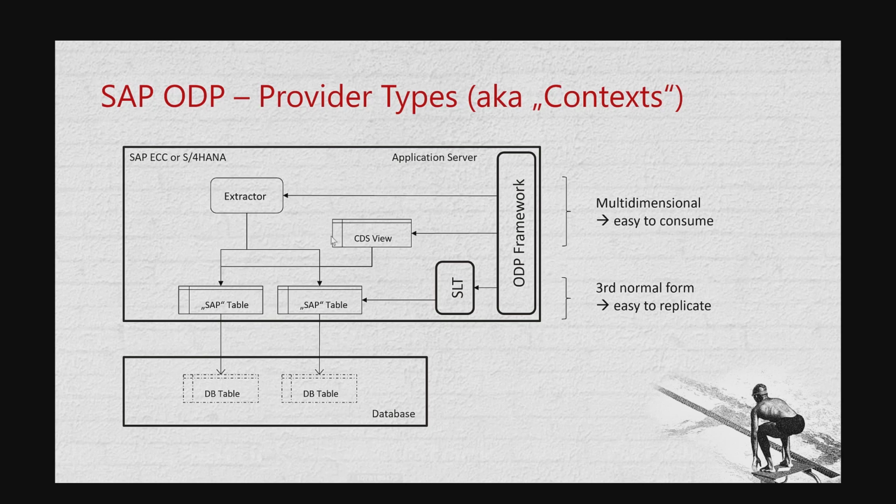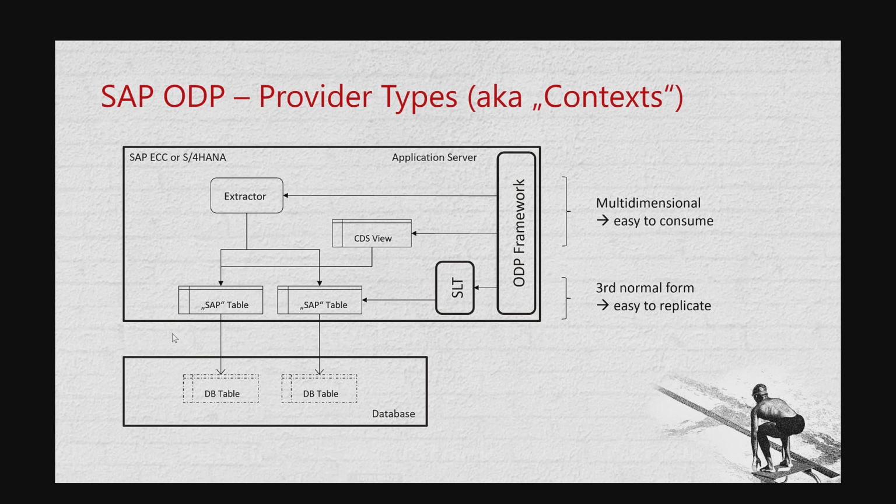In this diagram here, you basically see there's a stack of objects. You see the tables, which your SAP system is based on. On the bottom here, you see objects like extractors and CDS views on a higher level, and that's an important point to understand here. So basically, this gives you two options from a semantic perspective.